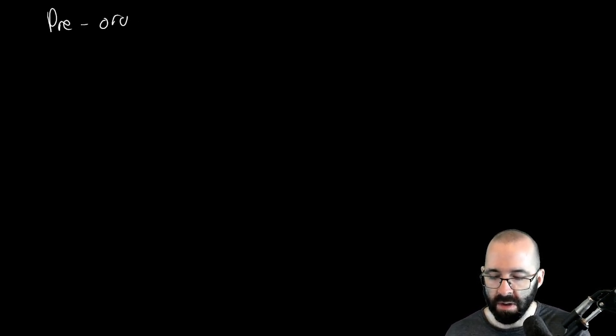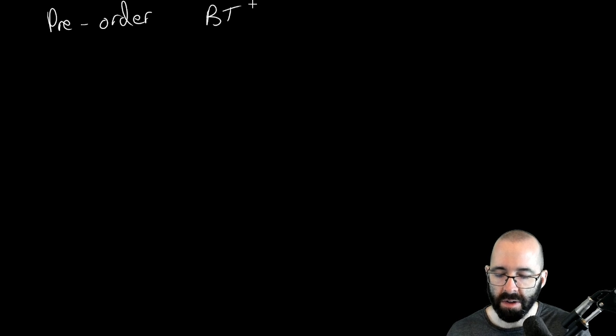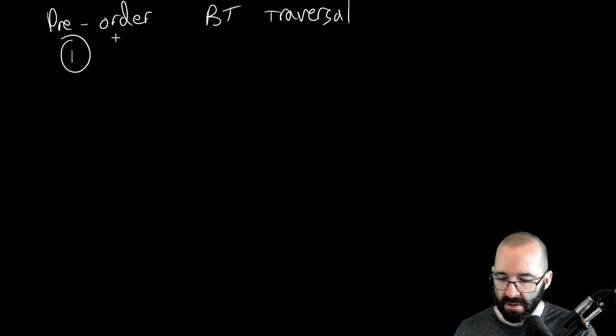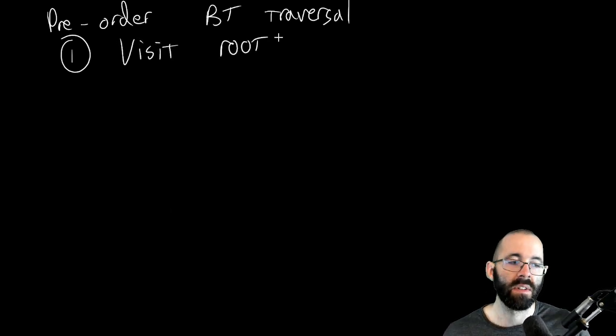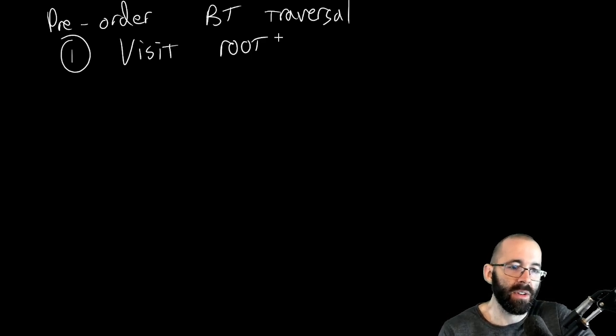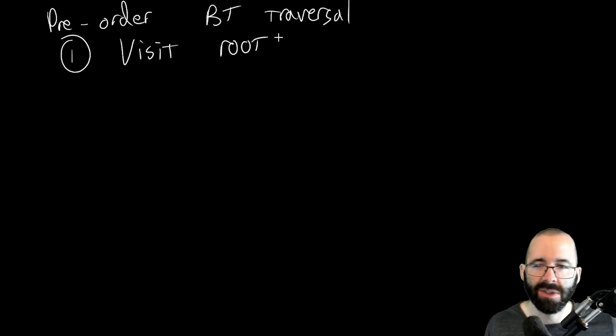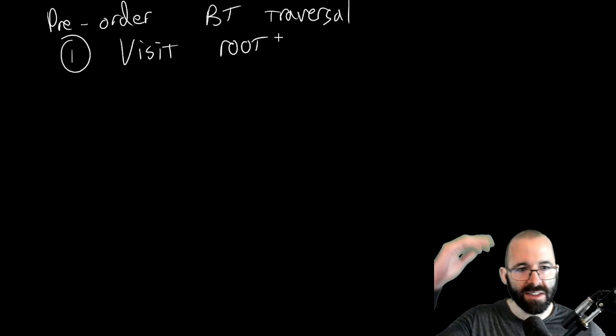Here's the algorithm. Pre-order binary tree traversal. Step 1. Visit the root of the tree. And remember, visit depending on what algorithm we're doing, what application we're doing, why we're traversing this node. Visit can involve quite a few steps, but here we're just going to be marking it down as, yeah, we visited it.